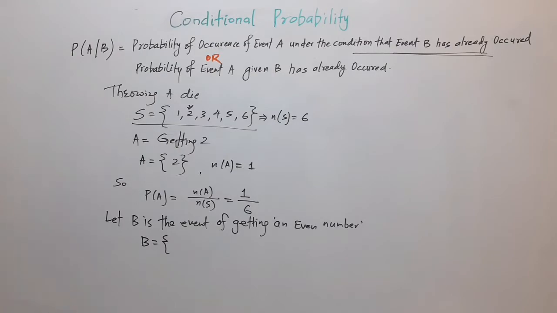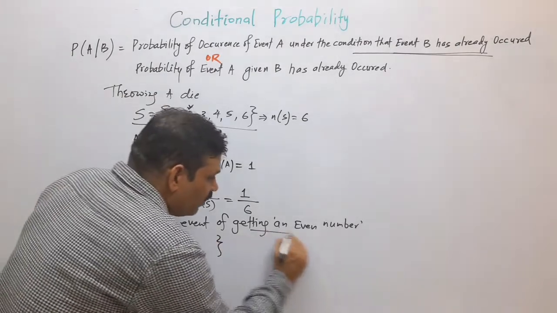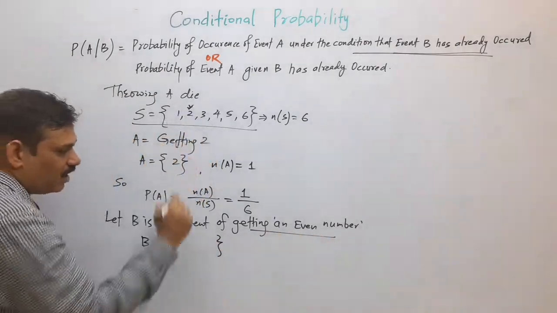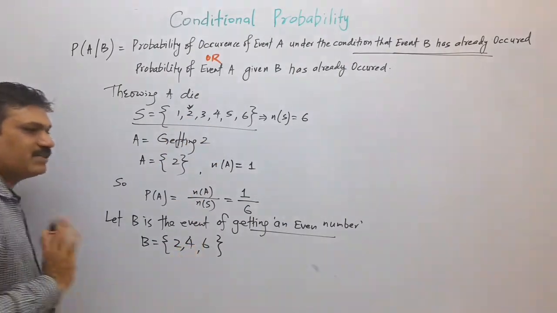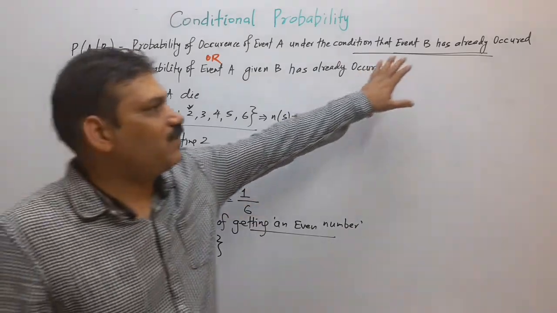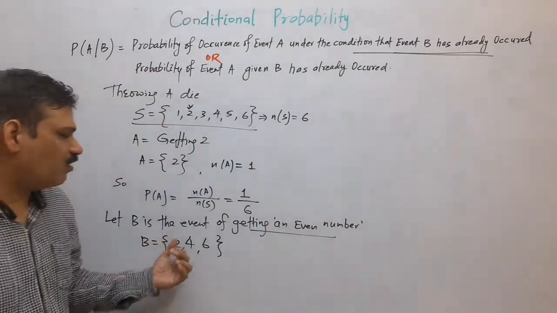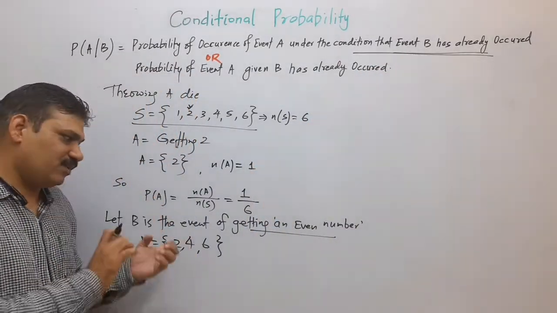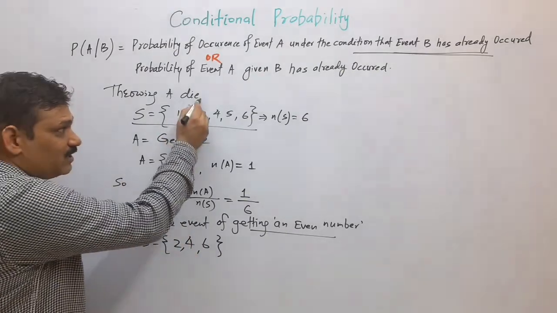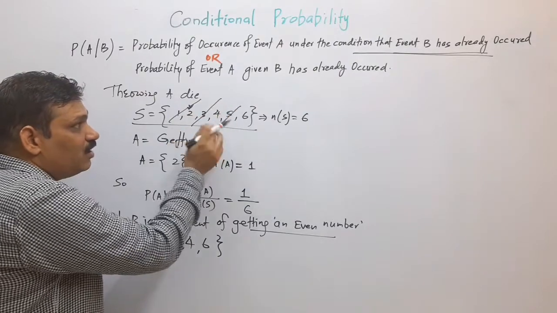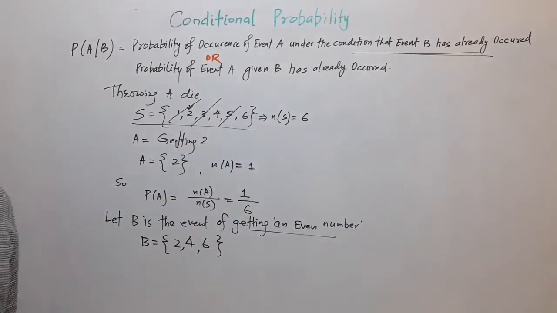B has already taken place means we have got an even number, that means either 2 or 4 or 6 has appeared on the uppermost face. Now our sample space has only 3 sample points.